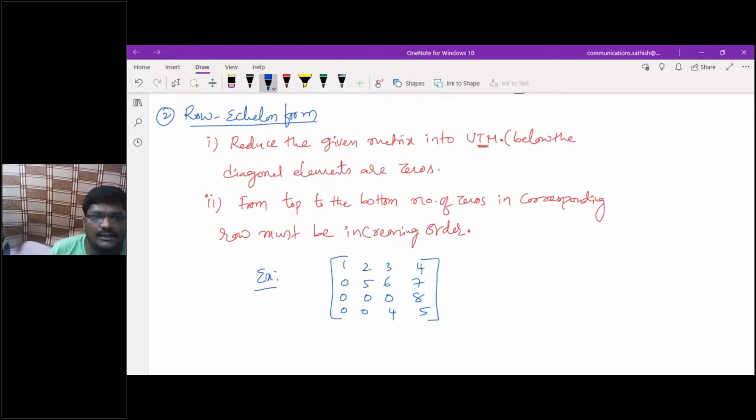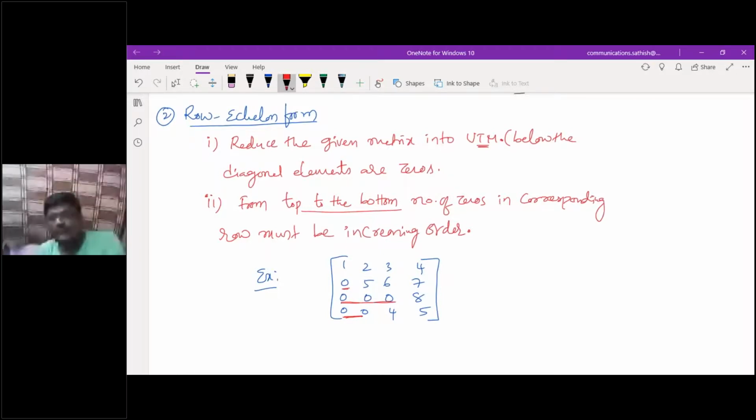No. If you check it properly, here I have 1 zero, here 3 zeros, here 2 zeros. What I told is that from top to bottom the number of zeros must be in increasing order.